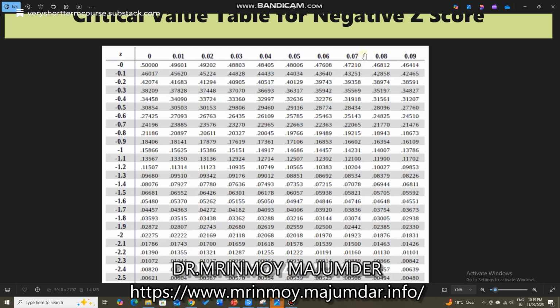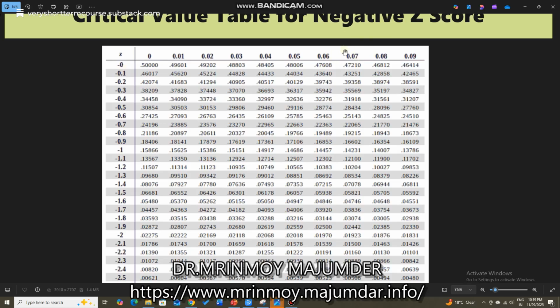So what will be the result? The calculated Z score for your data must be more negative than the negative value of Z. In our case, it is a negative value of Z. So the critical value of Z is, you see, minus 0 plus 0.07.